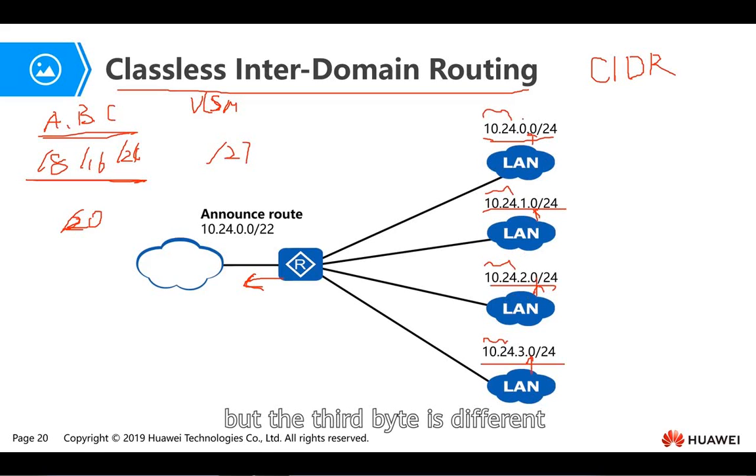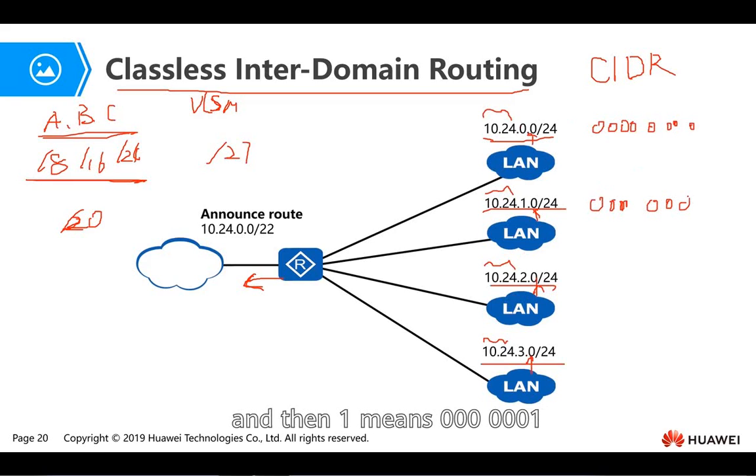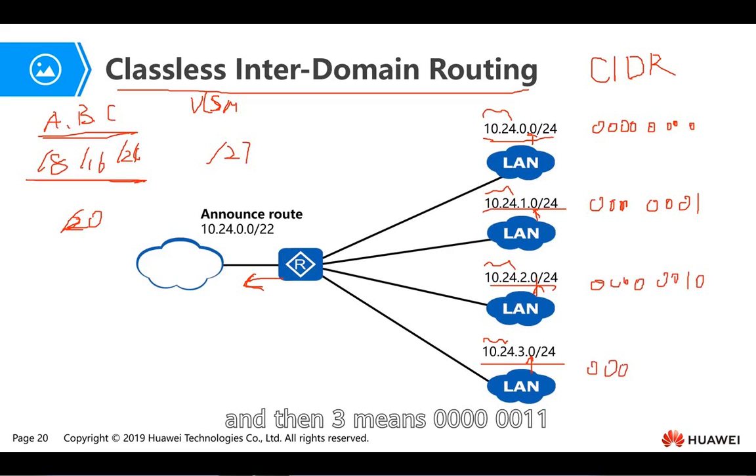But the third byte is different. 0 means 00000000, and 1 means 00000001, and 2 means 00000010, and 3 means 00000011.